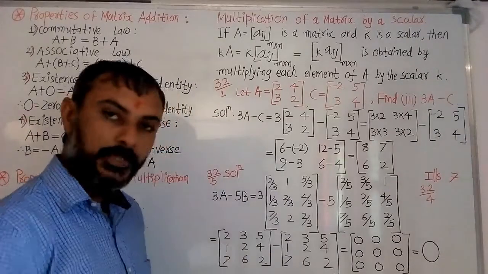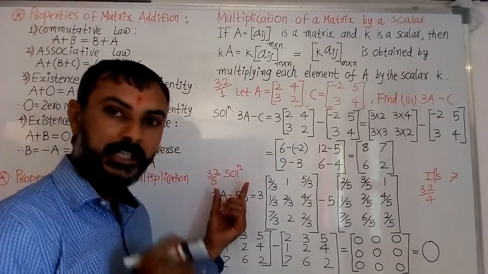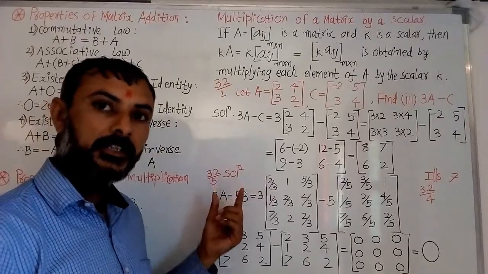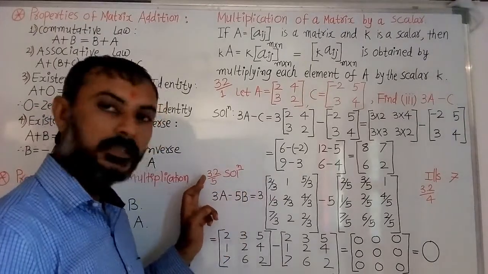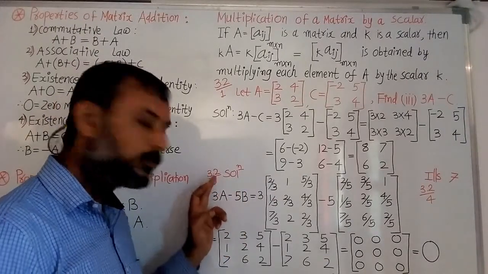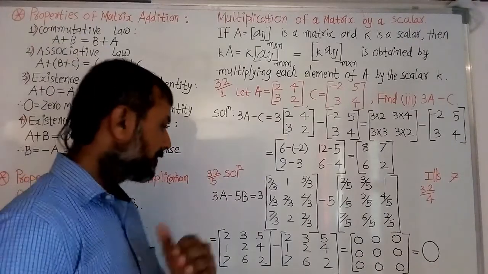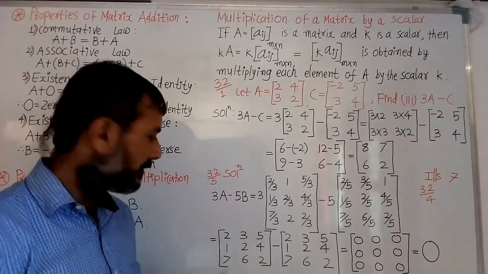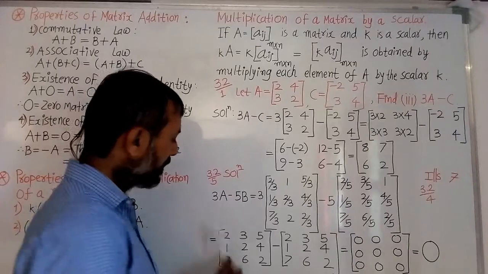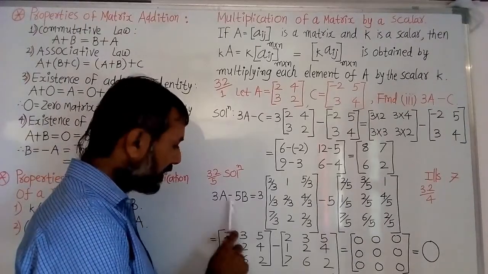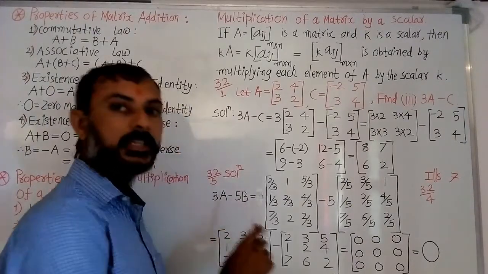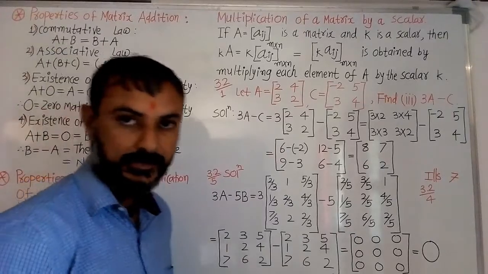One more example, but I do not write the question, I write the solution directly. This is the example of 3.2 question 5. See the question yourself in the textbook, I write the direct solution here. We have to find 3A minus 5B where A and B are given matrices.